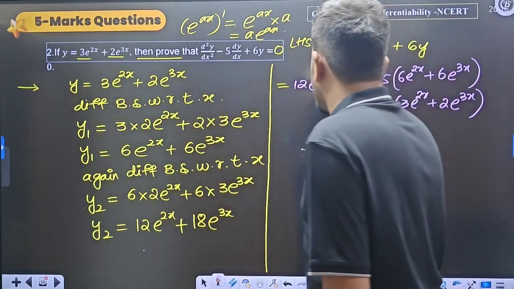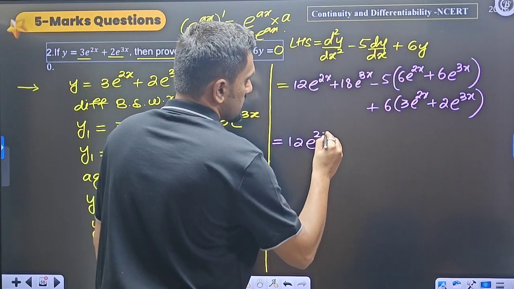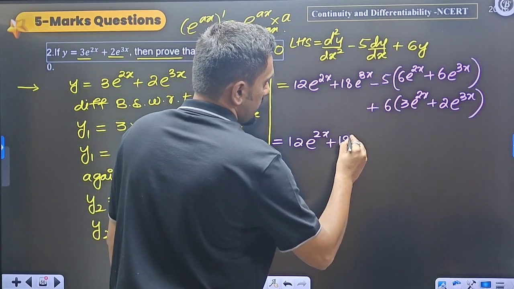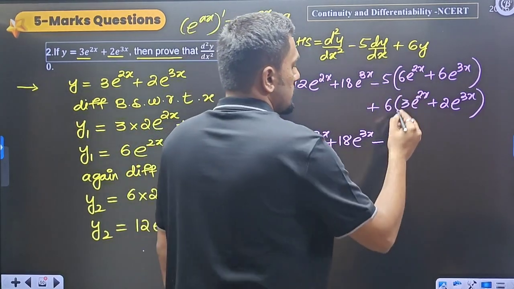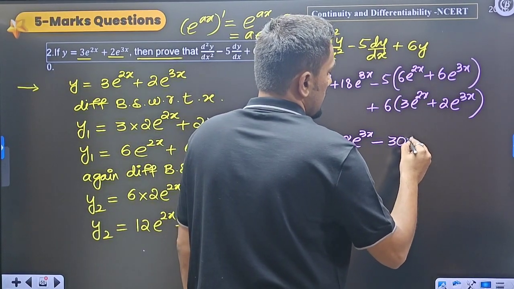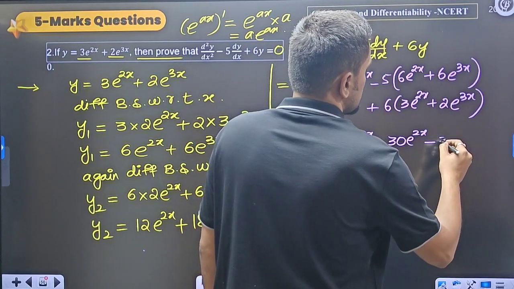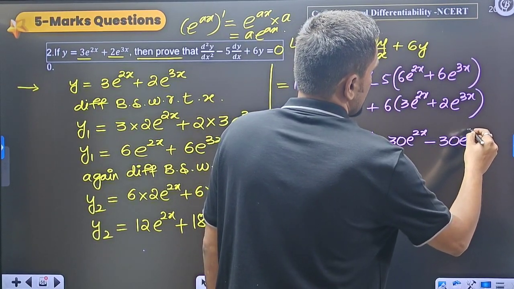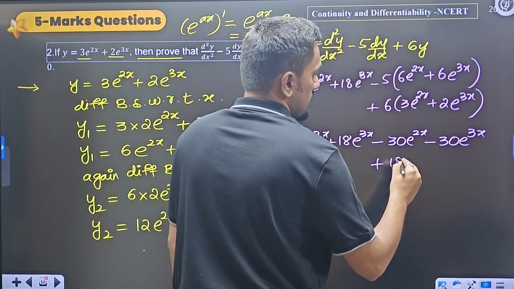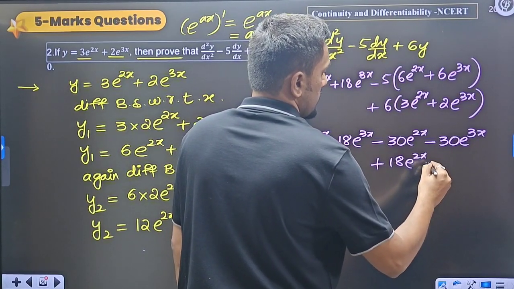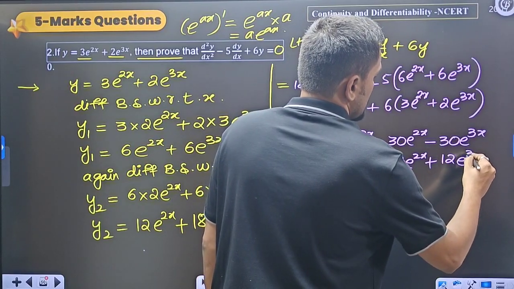Simplify, tell me what happens: 12 e raised to the power 2x plus 18 e raised to the power 3x minus 6 into 5 is 30 e raised to the power 2x, minus 6 into 5 is 30 e raised to the power 3x, then plus 6 3s are 18 e raised to the power 2x plus 6 2s are 12 e raised to the power 3x.